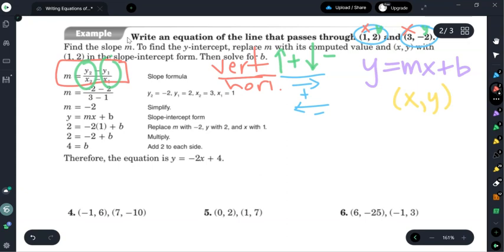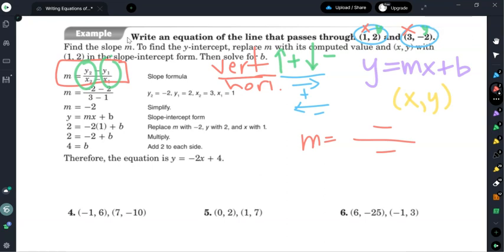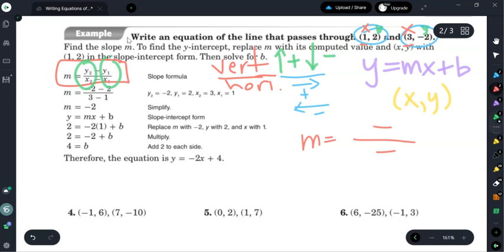I always rewrite formulas with the symbols and plug in the values. So let's look at my x values here. My x values are 1 and 3. My y values are 2 and negative 2. So let's set this up. 2 minus negative 2.